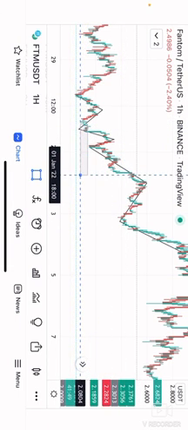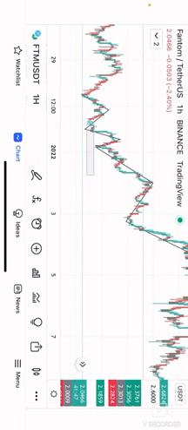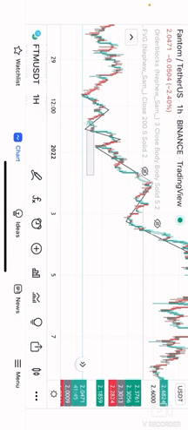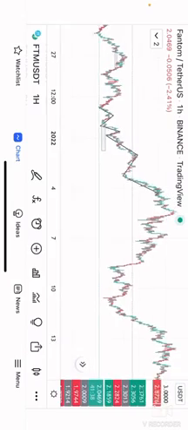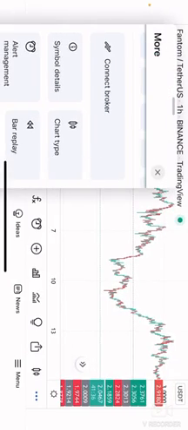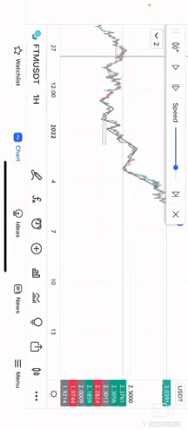You can use the indicator too to show you your demand zone. It's still loading.